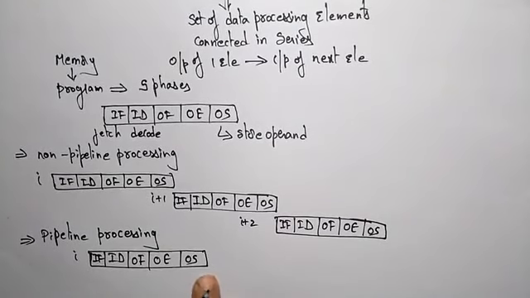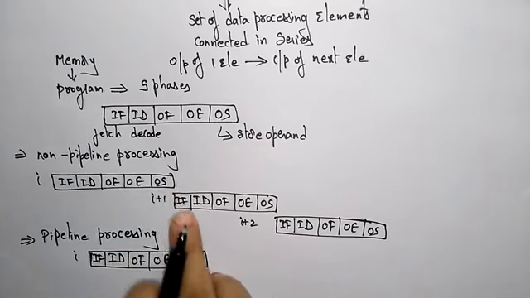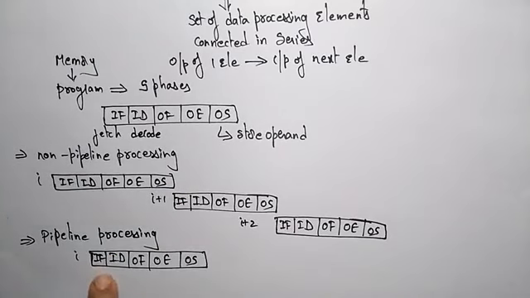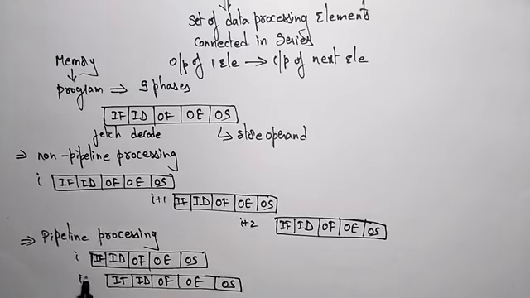In non-pipelining, after executing and storing the value of the first instruction, it takes the second instruction. But in pipelining, whenever one phase is completed, it takes another instruction: instruction fetch, instruction decode, operand fetch, operand execute, operand store. This is the I+1 instruction. Next is I+2.